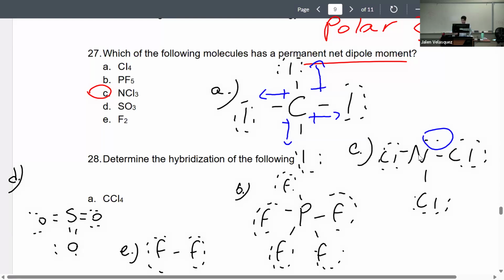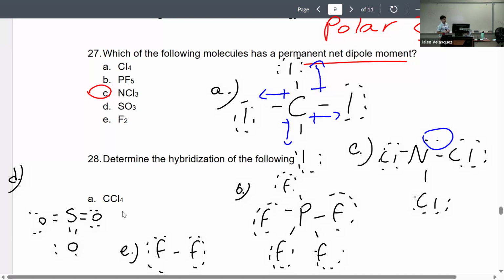For BSO3, this is nonpolar because it's trigonal planar. It's on a plane, so it's like that, flat. It's equal distribution, equal charge, equal and opposite strength.